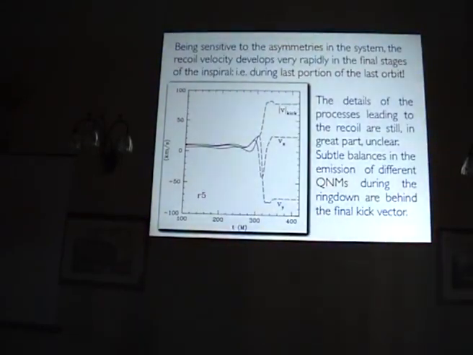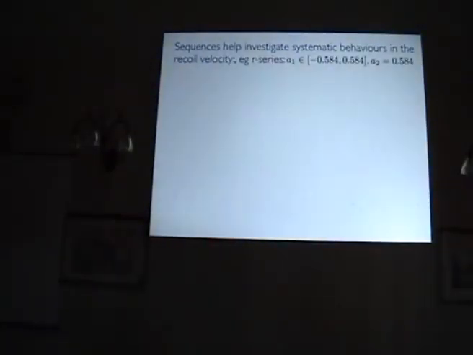And it's not a trivial piece of physics in relativity to understand how this is actually produced. And I don't think we have a clear picture yet. The only thing which is obvious is that the thing is produced at the very end, and there is a subtle balance between the multipolar components of the radiation which interfere, and produce a kick in a certain direction. But this is pretty much the phenomenology.